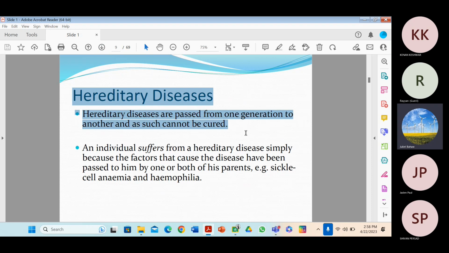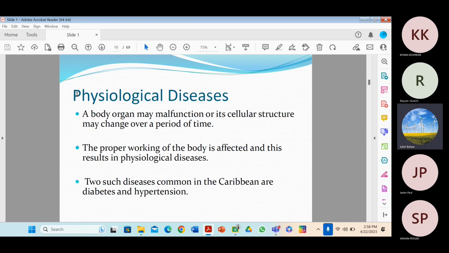This one is very straightforward. It's physiological. We have to look at diabetes and cardiovascular diseases. So next week, please God, we will finish off this section.